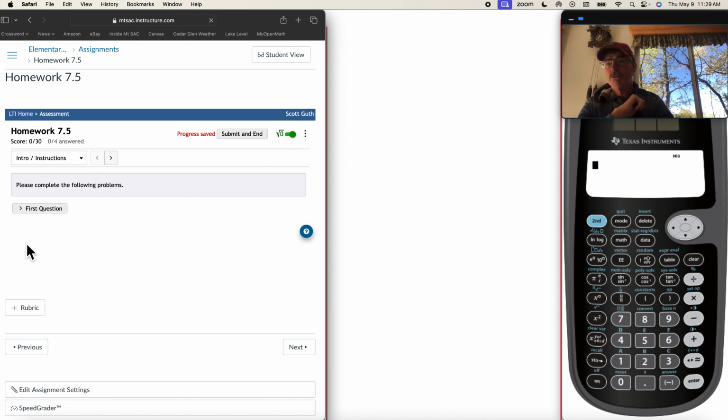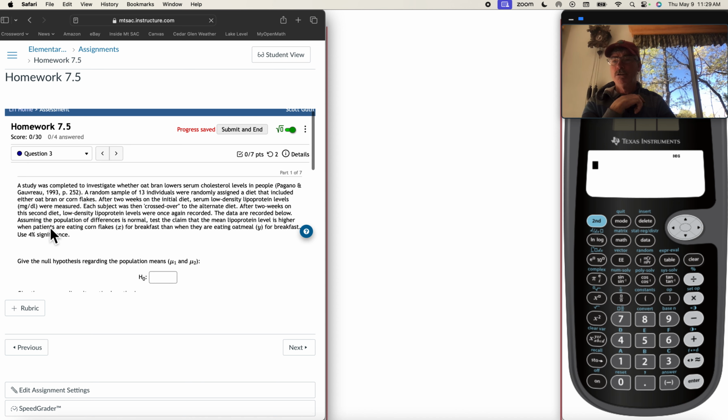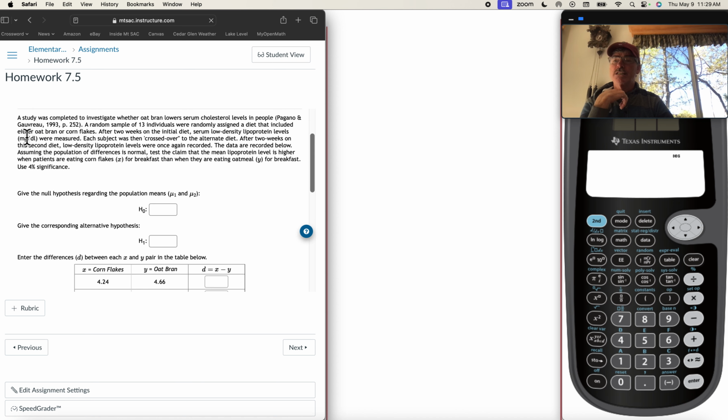So let me start this up. We're going to do question number 3. And so let's look at this. It says a study was completed to investigate whether oat bran lowers serum cholesterol levels in people. A random sample of 13 individuals were randomly assigned a diet that included either oat bran or cornflakes for breakfast.